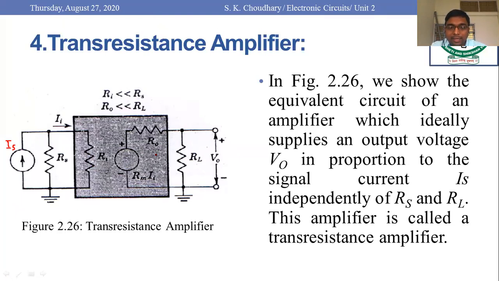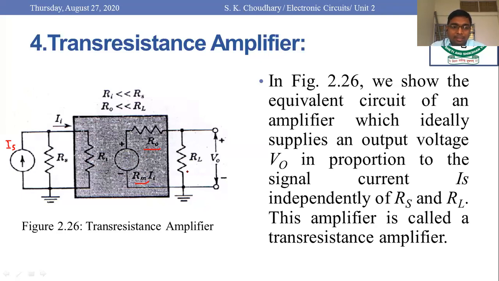But the output network is similar to the voltage amplifier, where a dependent source is a voltage in series with R0, and RL is connected at the output network. So it is again a cross combination of two networks, voltage and current amplifier.